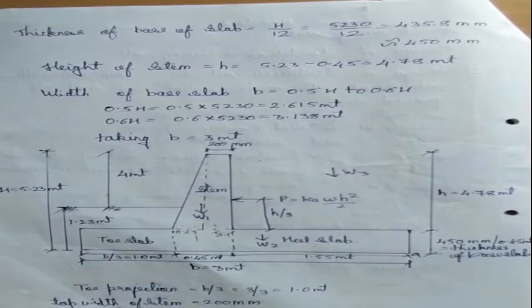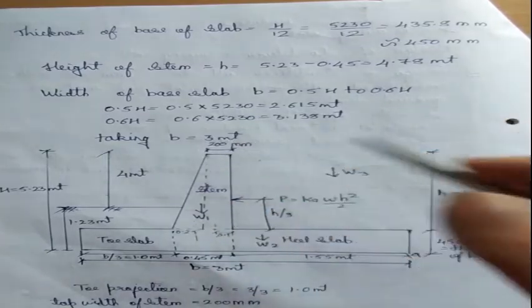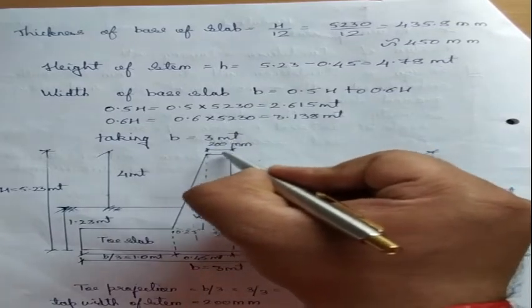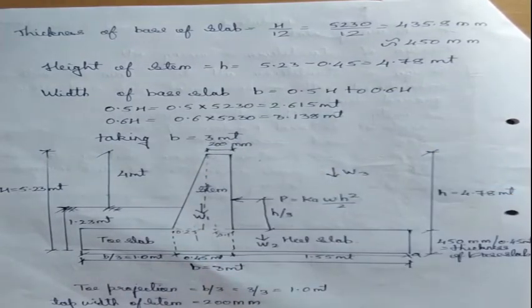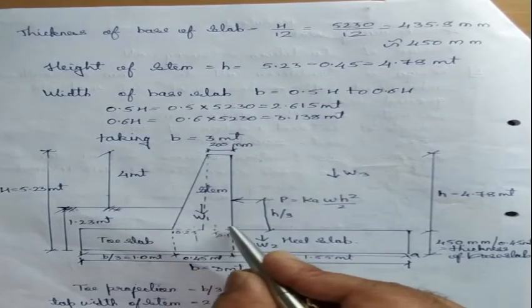Then the top width of the stem. Now, I am providing a tapering type of cantilever retaining wall. You can provide a rectangular type of cantilever retaining wall also. But I will try to make it a tapering one. So, top width I am keeping small, which I am taking as 200 mm. Then the base width of this stem I will keep the same as the thickness of the slab.